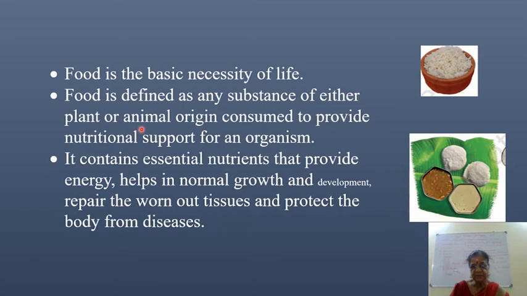Same way animal na animal products as milk and dairy products, poultry products. They are all animal origin. They are consumed to provide nutritional support for an organism. And it contains essential nutrients that provide energy, helps in normal growth and development, repair the worn out tissues and protect the body from diseases. So this is necessity of food for our life.